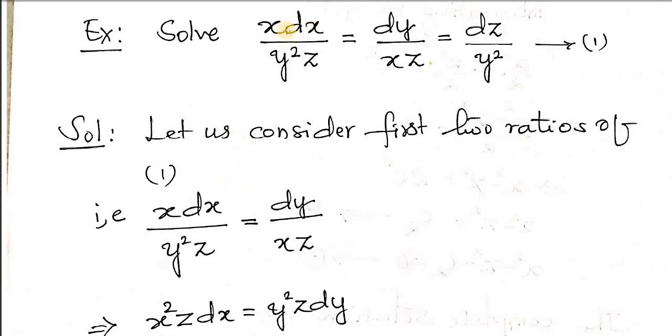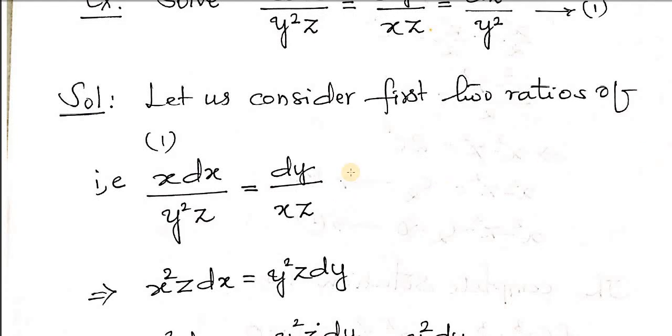So I have chosen the first ratio and second ratio, right? The first ratio is x dx by y square z and the second ratio is dy by xz. See here, in both denominators z is there, so z will cancel each other. So on cross multiplying, this is multiplied with x, it will become x square, and this y square z is multiplied with dy, so y square z dy will happen.